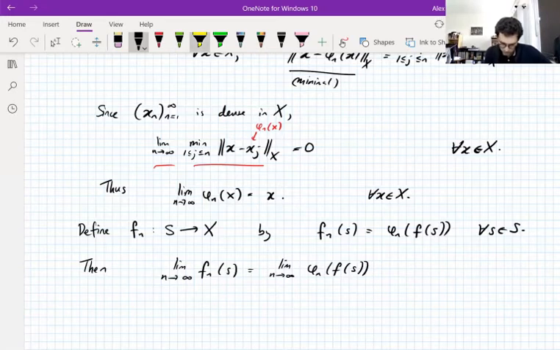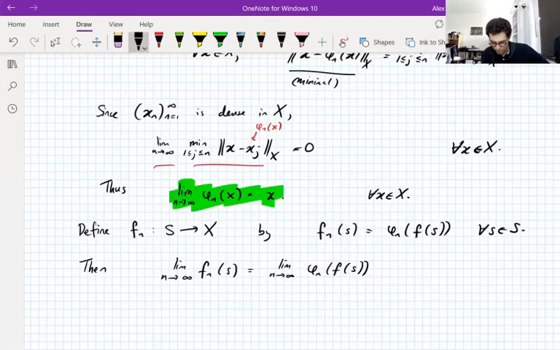And we use what we had before, that the limit of phi n of x is x. So the limit of phi n of f of s is f of s, which says that these functions fn actually do approximate f pointwise.